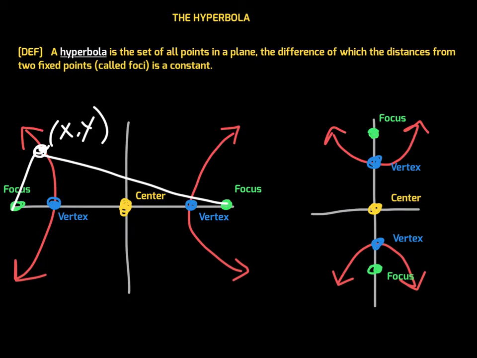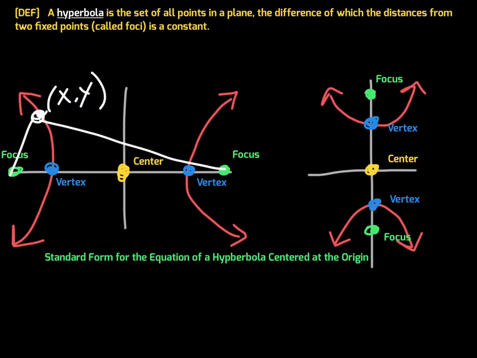Okay? All right, now the standard form for the equation of a hyperbola looks awfully familiar, and this is what it is. The standard form will be x squared over a squared, and then you have a y squared over b squared.